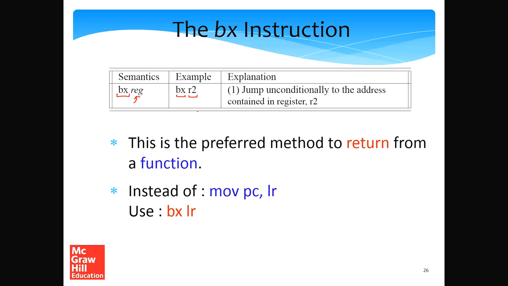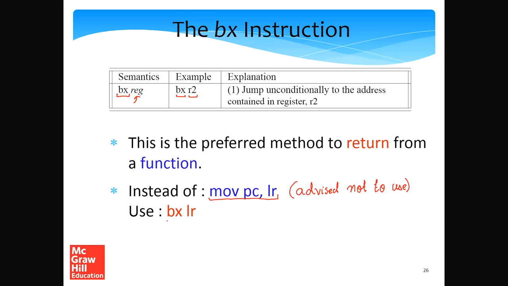So nowadays this is the preferred method to return from a function, and we actually don't use move PC, LR. I mean, we are advised not to use this. Well, this should be used in variants of ARM processors that do not provide the BX instruction.